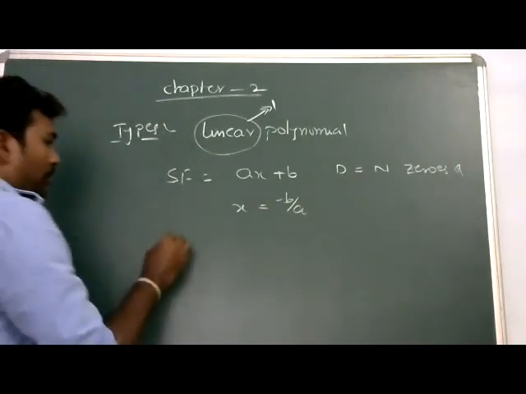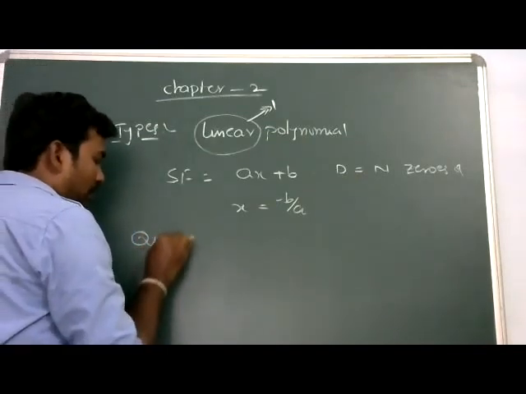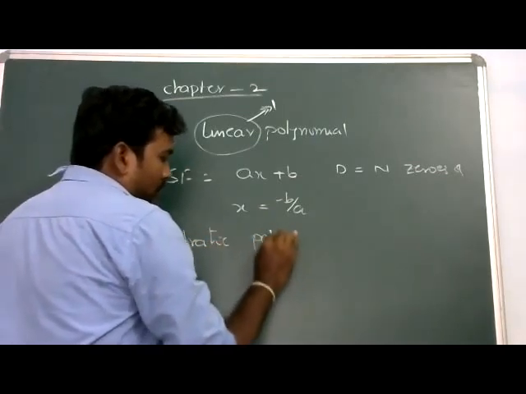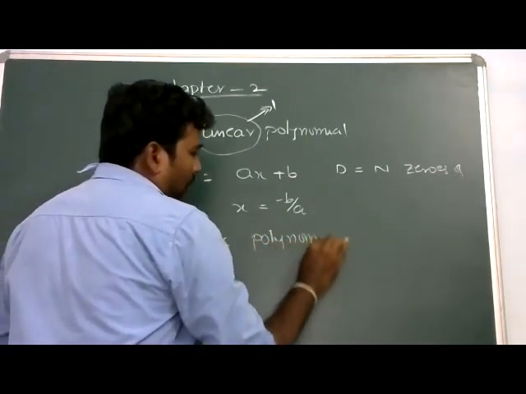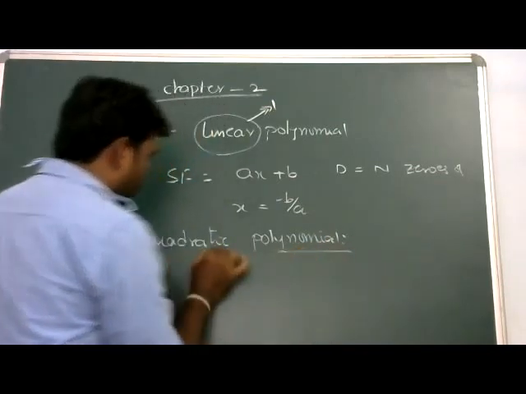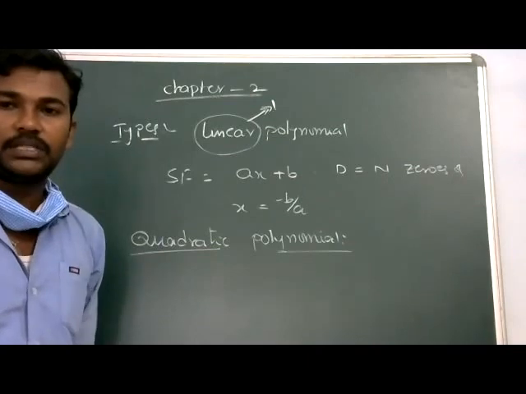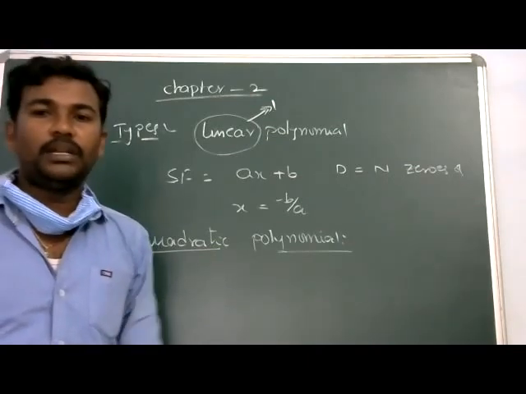Then comes the quadratic polynomial. Here quadratic means, as we already know, the degree of the polynomial is 2.